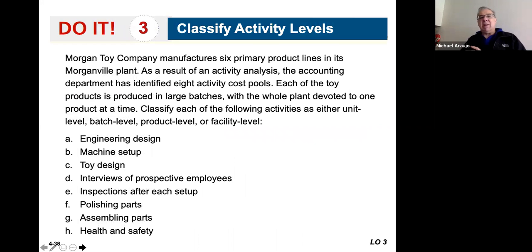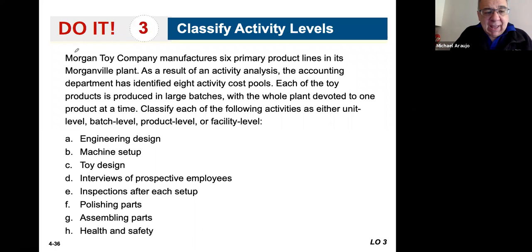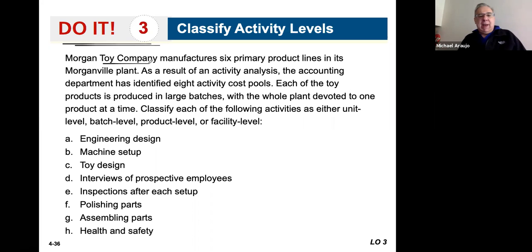All right, so here is a do it exercise that's, of course, already done for you in the book. I know they call it a do it exercise, but in the book it's a done it exercise because it's all done. This shows us that we have a toy company that manufactures 6 primary products. The accounting department has identified 8 activity cost pools.